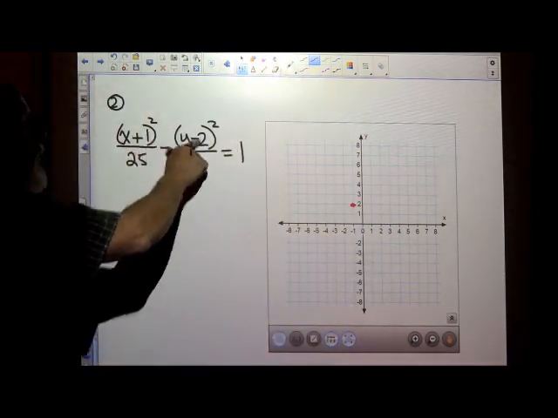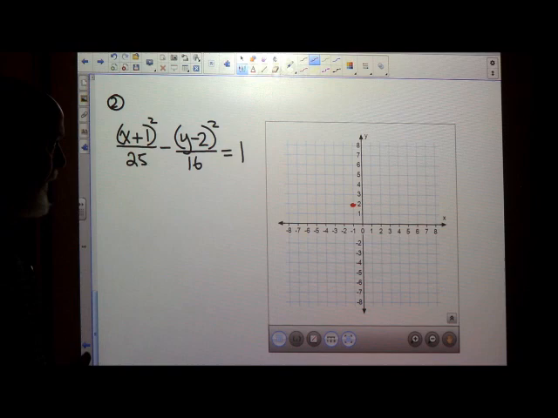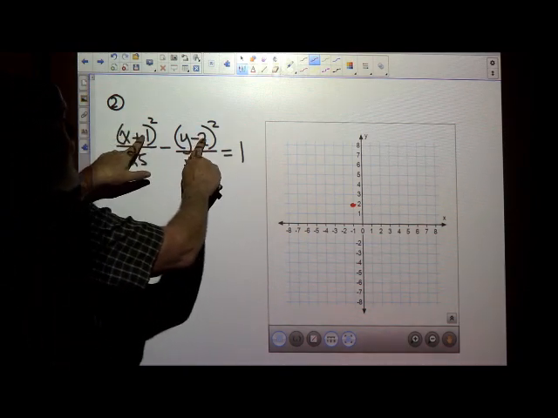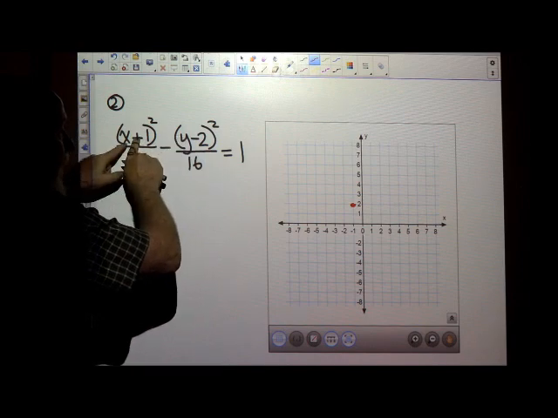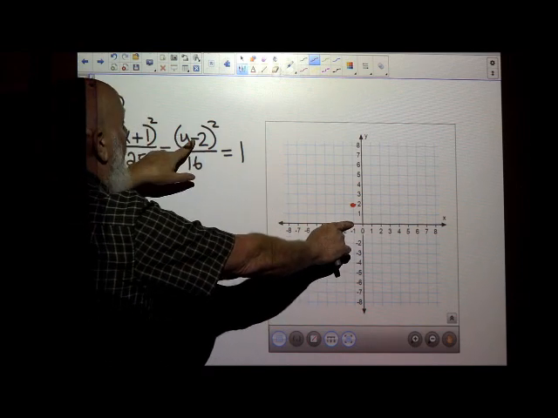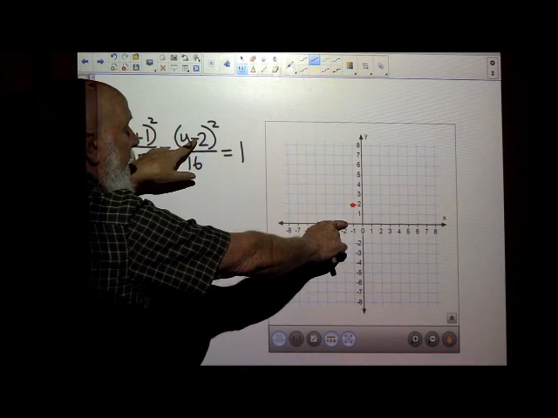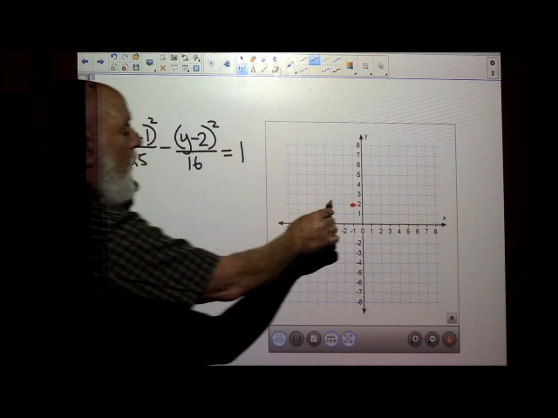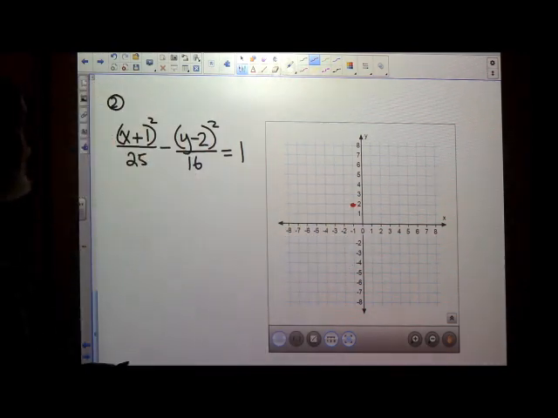Both of these are counterintuitive, just like when we were doing parabolas back at the beginning of the year and when we were doing ellipses. You would think it would go to the right because it's positive 1, but it actually goes to the left. And you would think it goes down because it's negative 2 with y, and it goes up, counterintuitively. So here's our center.